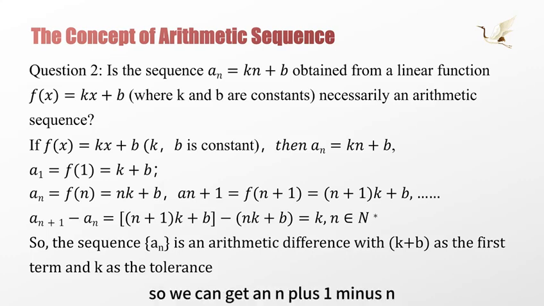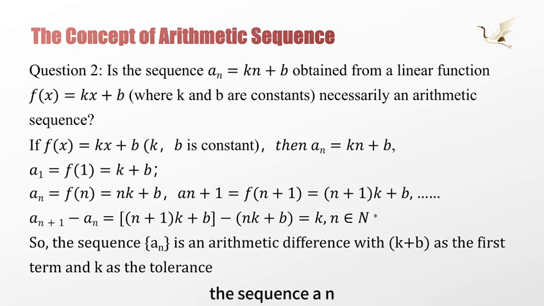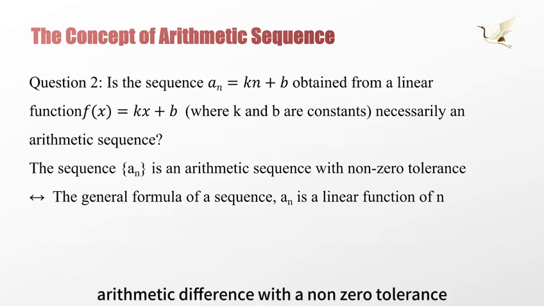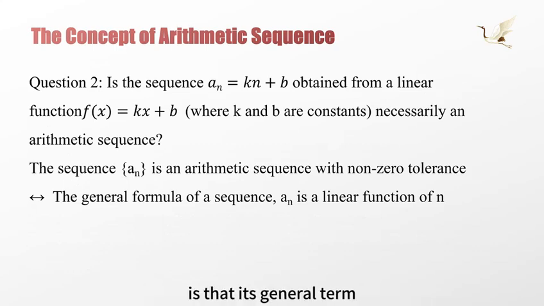So we can get a_(n+1) minus a_n, and the result equals the constant k. That is to say, the sequence a_n is an arithmetic sequence with k plus b as the first term and k as the common difference. In fact, the necessary and sufficient condition for the sequence a_n to be an arithmetic sequence with a non-zero common difference is that its general term formula is a linear function of n.